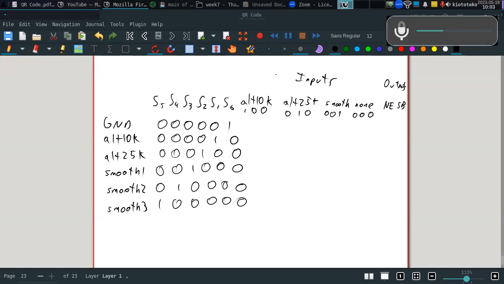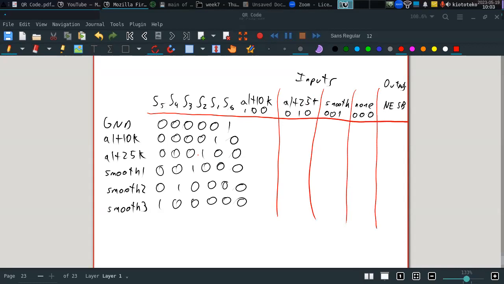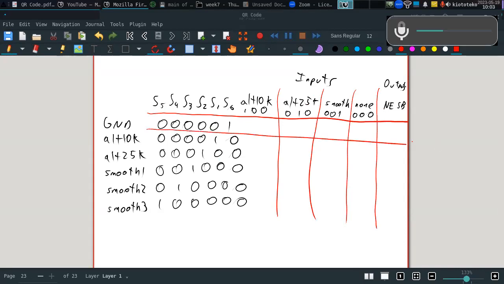And yeah, we will have a reduced truth table. We're not going to put all the combinations because not all combinations are necessary here. Only this. We have here. Okay.